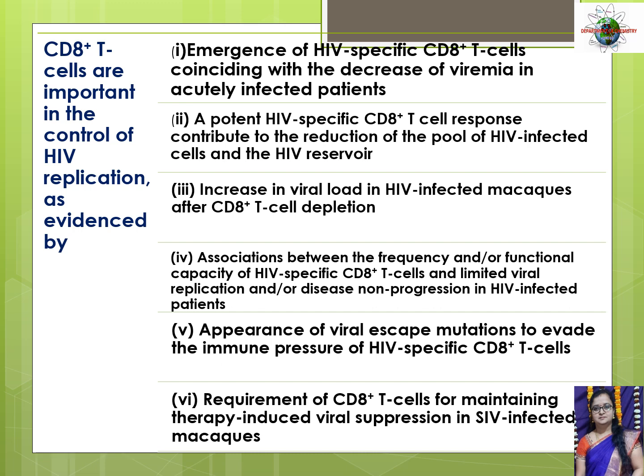CD8 plus T cells are important in the control of HIV replication, and these are the evidences. Emergence of HIV specific CD8 plus T cells coinciding with the decrease of viremia in acutely infected patients. A potent HIV specific CD8 plus T cell response contributes to the reduction of the pool of HIV infected cells and the HIV reservoir. Increase in viral load in HIV infected macaques after CD8 plus T cell depletion.